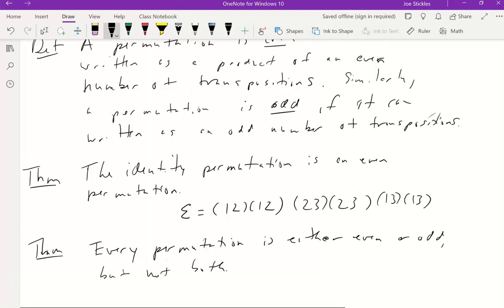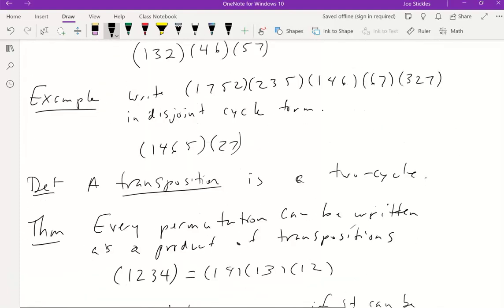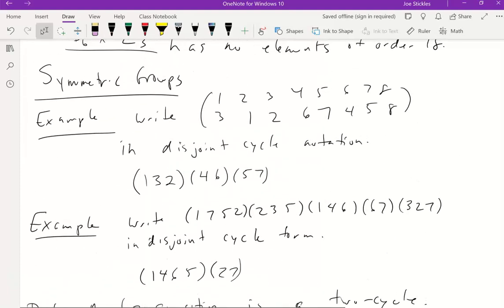Anyway, so let's go back up to the first couple of examples that we did. This cycle right here, is that even or odd? What's its length? Let's start there. 3. 3 is odd, so it's the cycle itself that is even, right? Because it's always one less.